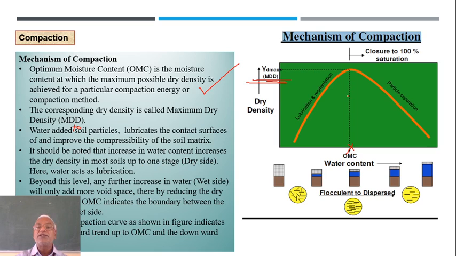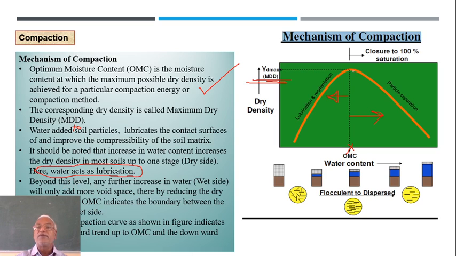So this side is known as the dry side and this side is known as the wet side. On the dry side, when you increase the water content, the density increases. So here water acts as a lubricant.